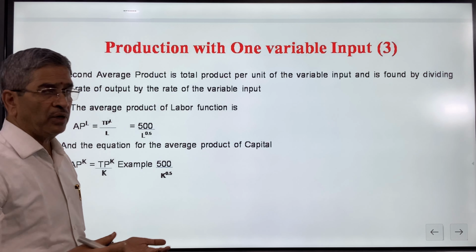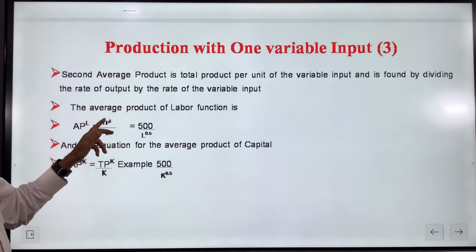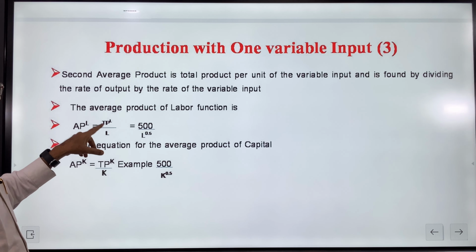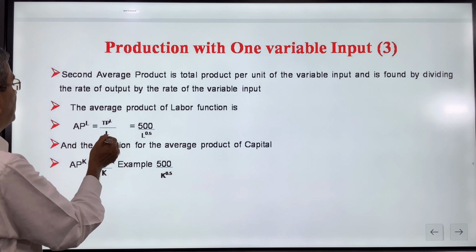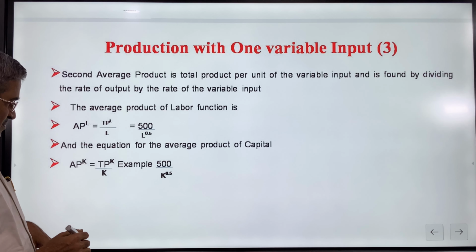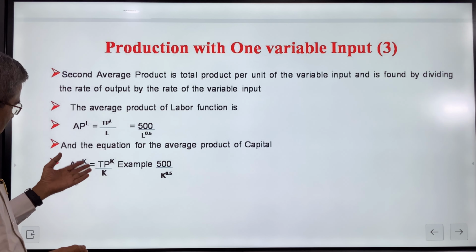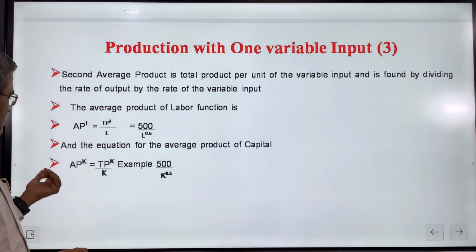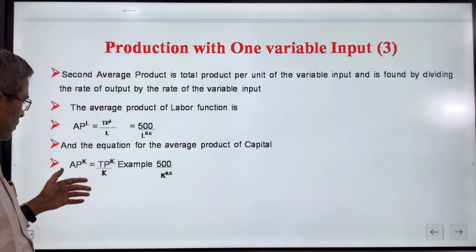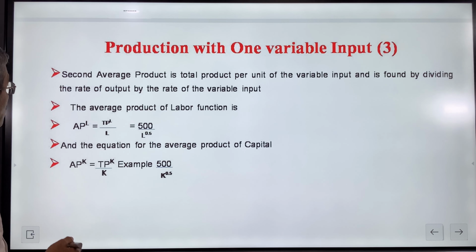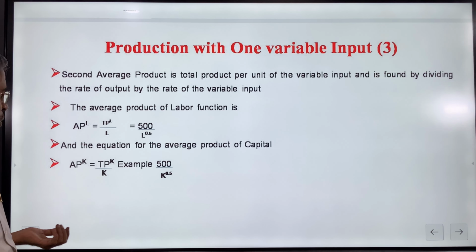So you take the total as 500, TPL divided by L to the power of 0.5, root of L, that's how you calculate. Same is the case with TPK, that is total productivity of K divided by K to the power of 0.5. So it is the number of inputs which divide the total value. So you get the value.